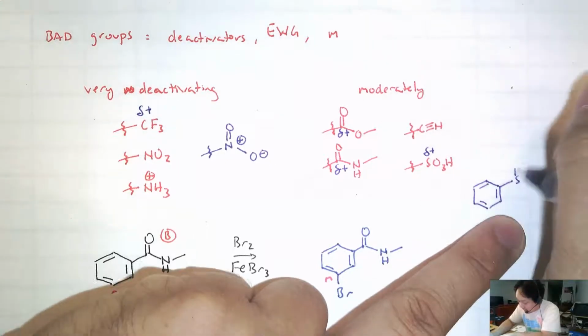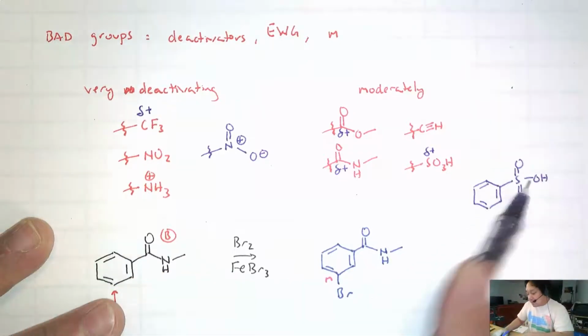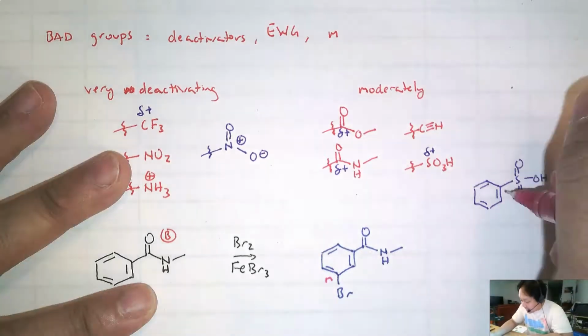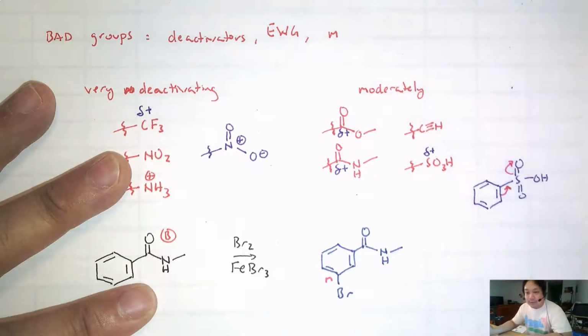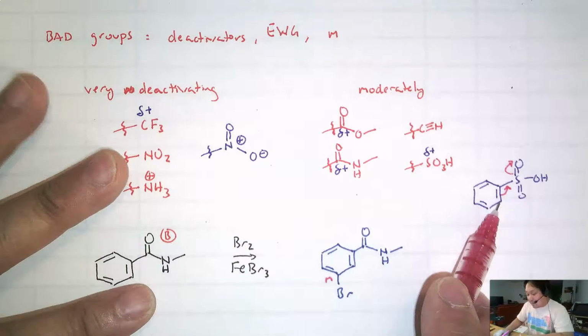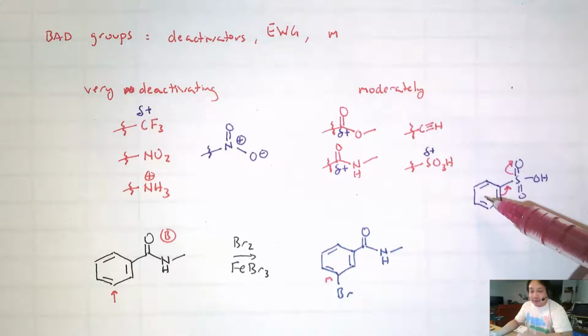For instance, if I have this, electrons are being pulled away from the ring. We could actually pull them away via resonance for this sulfonic acid group. See, that would put a plus charge right there. The point is, you're making the ring less nucleophilic, less electron rich.